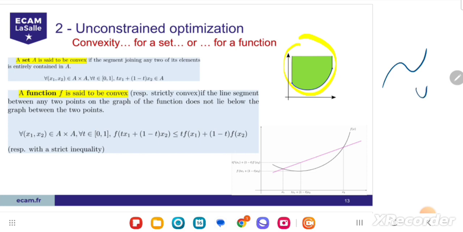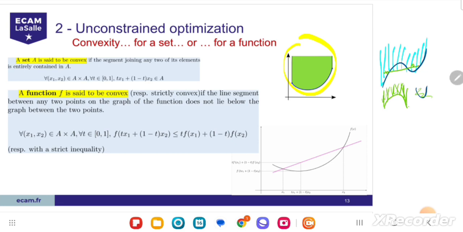If you look at the set of points above this graph, of course this is not a convex set, because if I take one point here and one point here, the segment goes outside of it. That was convex, but this would not be convex, because the region above is not making a convex set.